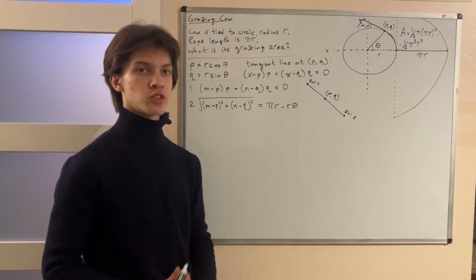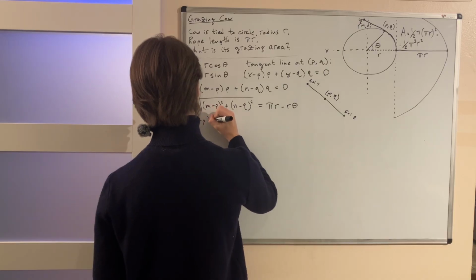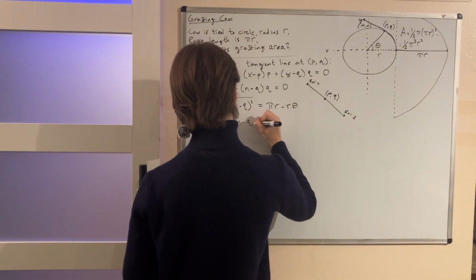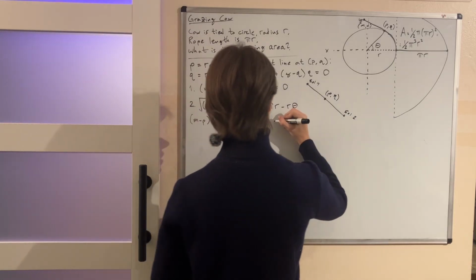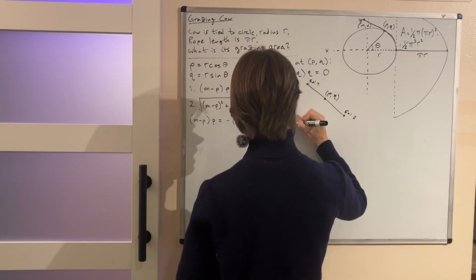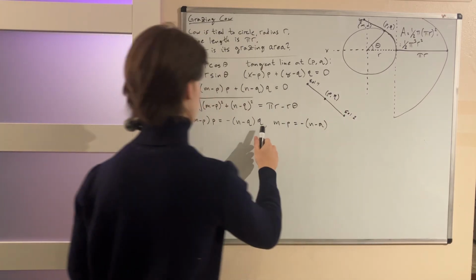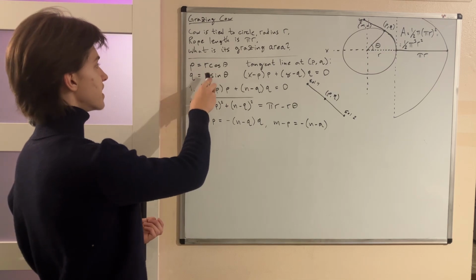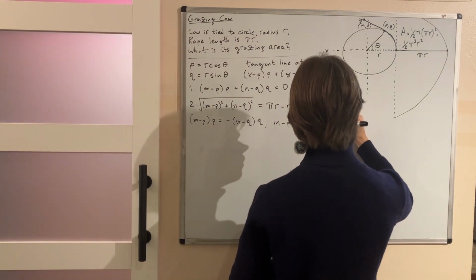From our first equation, we can say that (m - p) times p is equal to negative (n - q) times q. And therefore, m - p is equal to negative (n - q) times q over p. And what is q over p? It's simply r sine of theta over r cosine of theta, the tangent of theta.